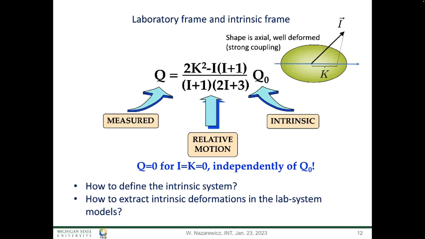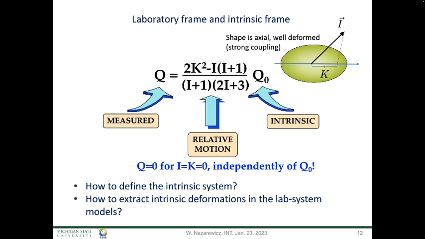So you can see right away that in the ground state of an even nucleus, for which angular momentum is 0, hence K is 0, this coefficient is 0. So what you will measure in the laboratory system is always 0.